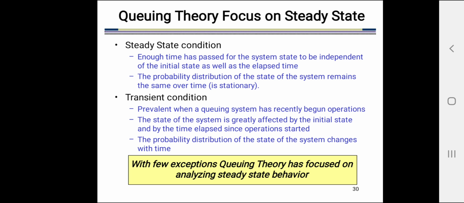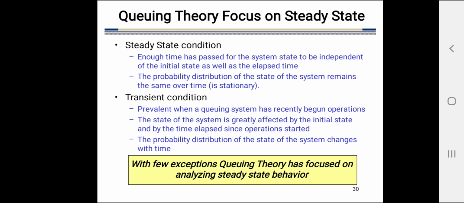Queuing theory is focused on steady state conditions. Enough time has passed for the system state to be independent of the initial state as well as the elapsed time. The probability distribution of the state of the system remains the same over time.